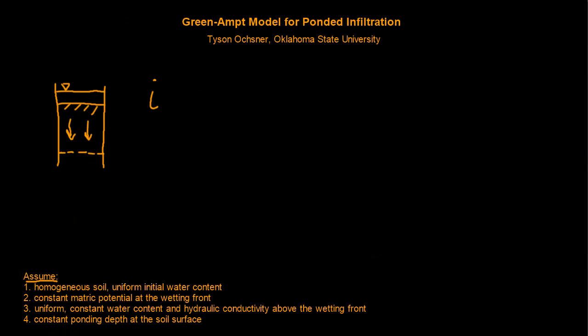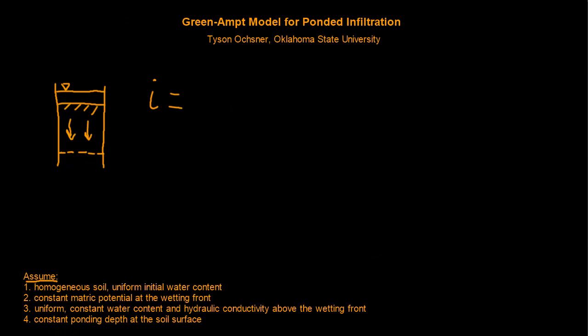Thirdly, we're going to assume that there's a uniform constant water content and hydraulic conductivity above the wetting front and constant ponding depth at the soil surface. So those are key assumptions that allow us to move forward with this simple model.